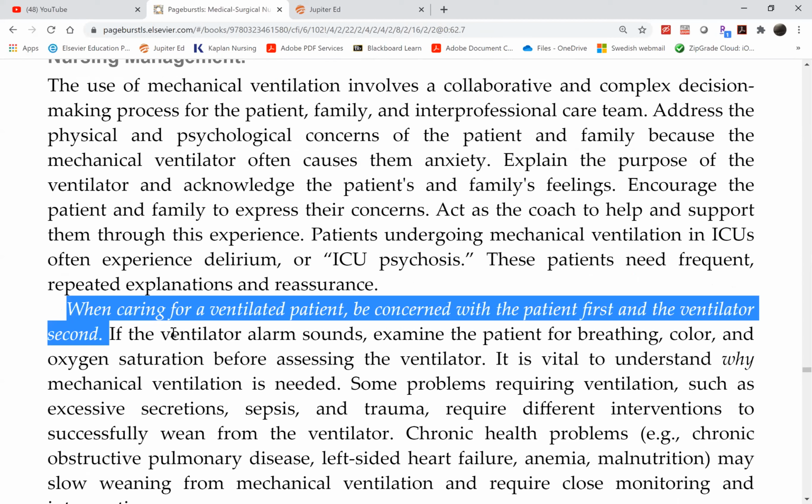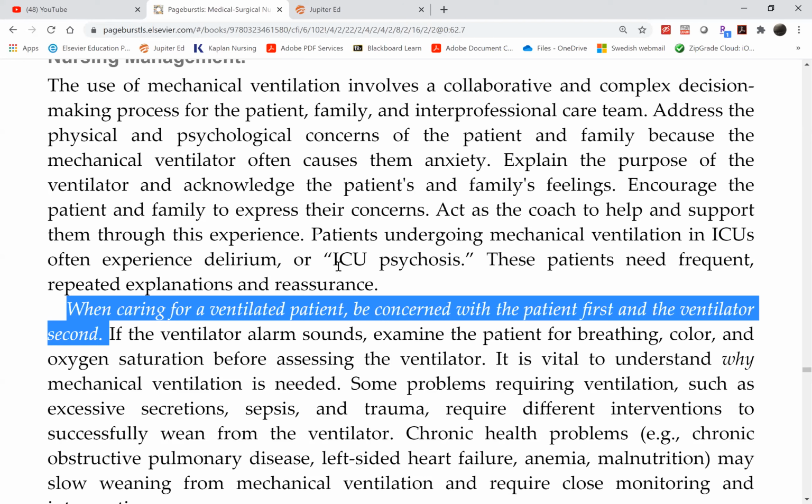The ventilator or the equipment will go next. So if anything goes wrong, you hear an alarm, look at the patient first. Don't look at the vent first. Check the patient. How is your patient doing? Regardless of what the alarm says, whether it's a high pressure alarm or low pressure alarm, check your patient first. And then check on the ventilator.